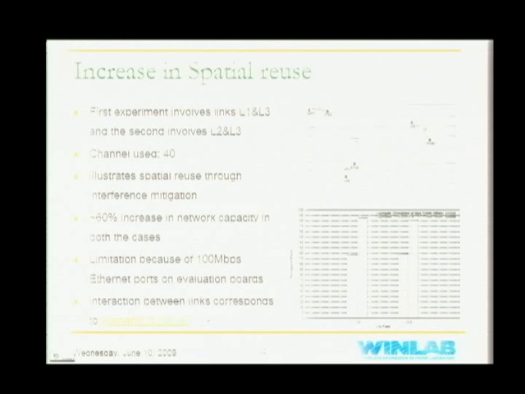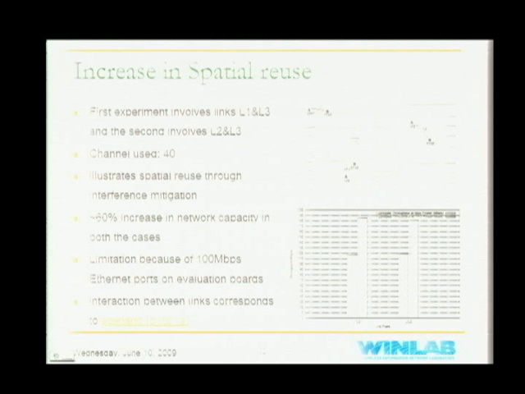When they are both operating at maximum power, they share the channel, and the throughput is close to 120 Mbps, which is the maximum throughput possible with the MAC overhead. But when they operate at the TPC power calculated based on link quality measurements, we can see a significant increase in network capacity, up to 60% increase.